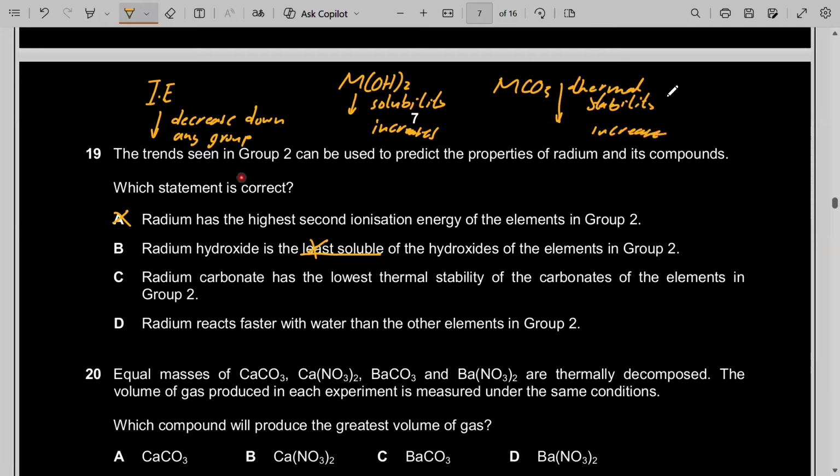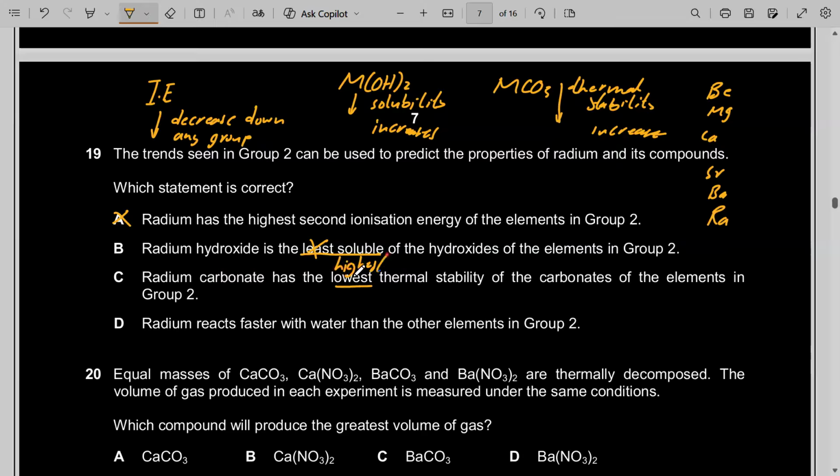And radium is very much down the group, because remember that trend: beryllium, magnesium, calcium, strontium, barium, and then radium. Radium is in the lowest position. So its thermal stability is highest, not lowest.